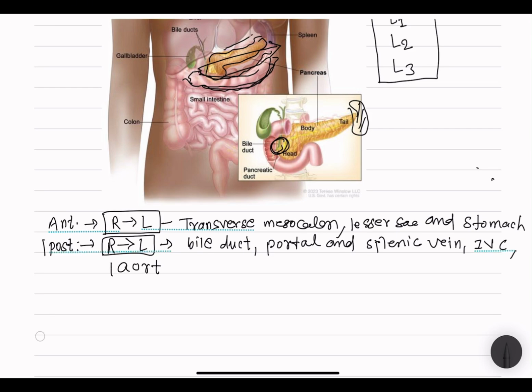aorta. We have to focus here because later we can see the blood supply from the aorta, so it will help us to identify the artery and vein. So aorta is very important here.